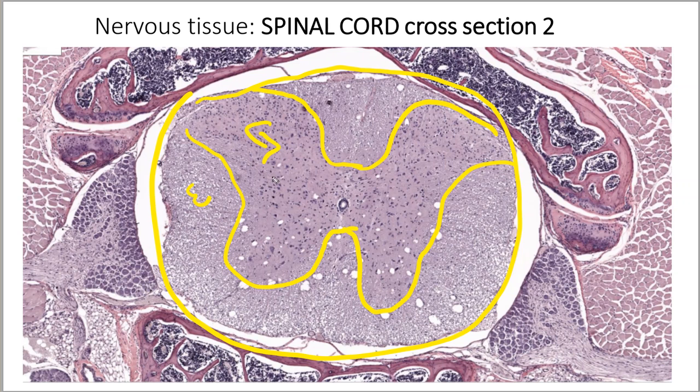All of your cell bodies are these dark polka dots hanging out in the gray matter. Dark polka dots equal cell bodies. Out here in the white matter, you're going to have a bunch of myelinated axons. If you zoomed in on this area, you would have a bunch of circles with little dots in the middle, a myelinated axon. So out here are axons, and in here are cell bodies.